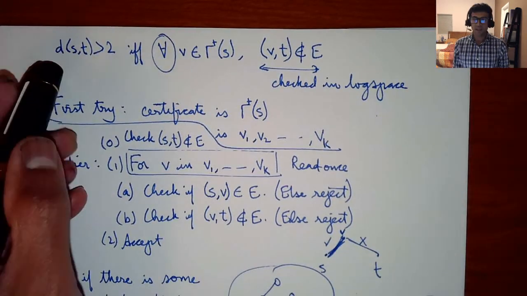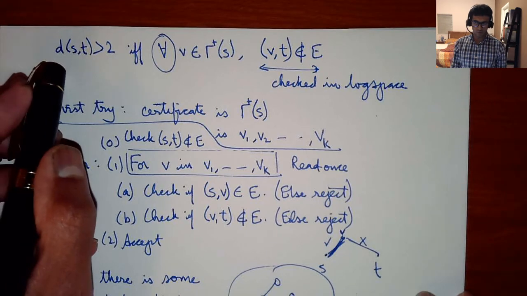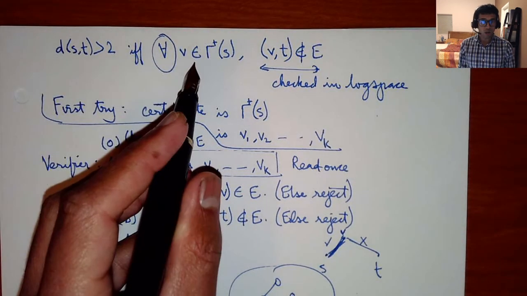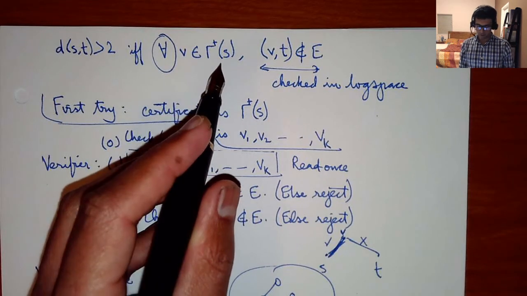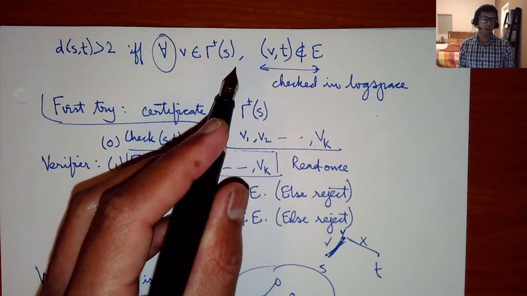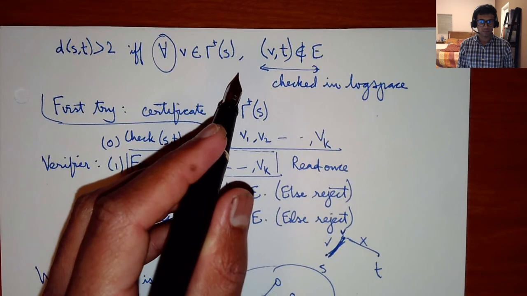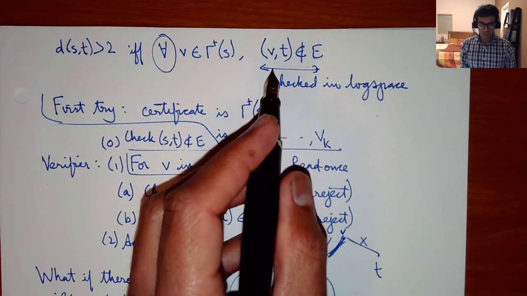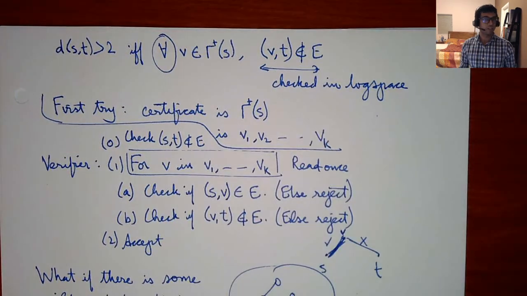So what does it mean to have distance more than 2? The distance is more than 2 if and only if for all vertices V in the out neighborhood of S, (V, T) is not an edge. This condition, (V, T) not being an edge, can be checked in log space.